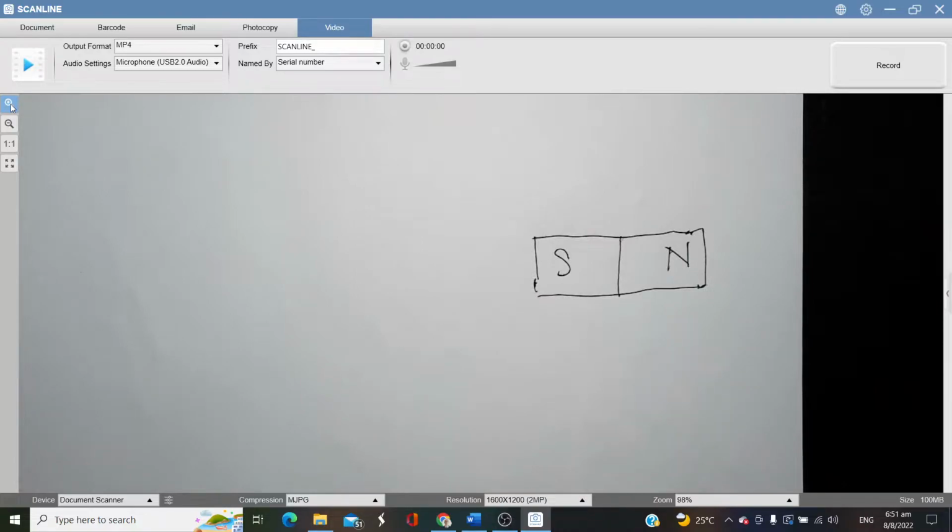A magnet always has two poles. One is the north pole and another one is the south pole.